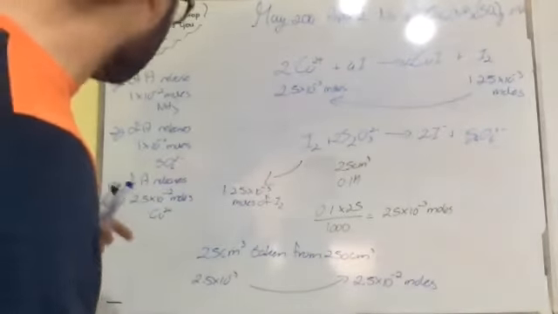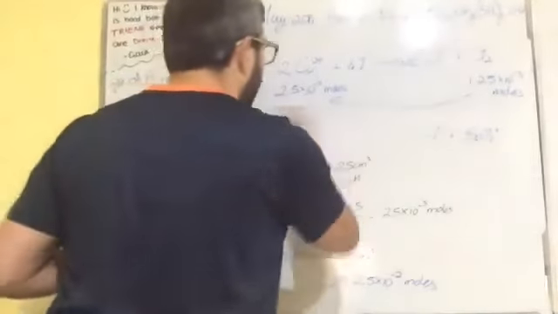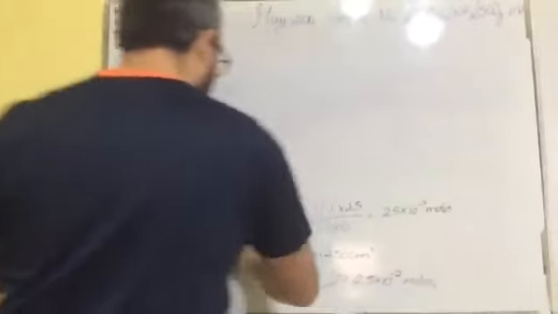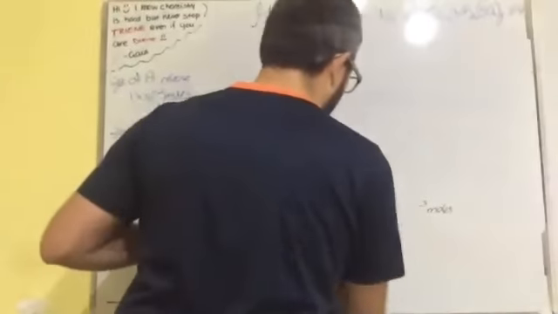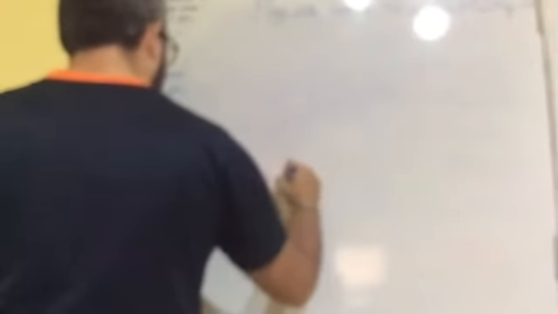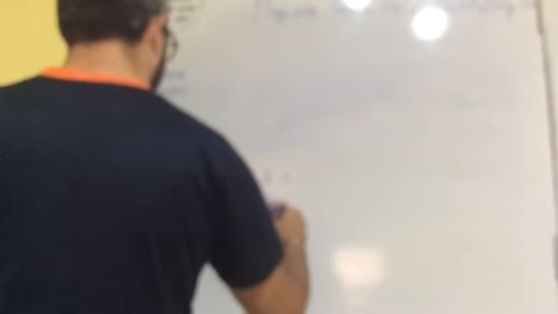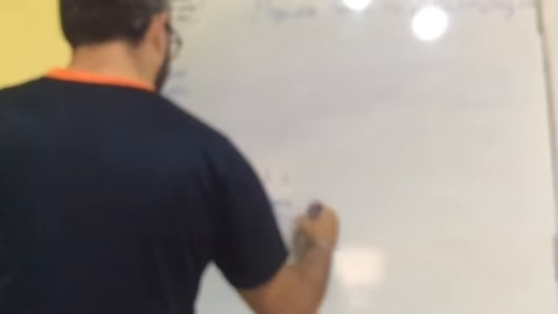From here on, now we can find all the numbers that we are asked for. And this is because now we can compare everything into grams. So we know that if 10 grams contains 2.5 times 10 to the minus 2, 2 grams of A must release 0.5 times 10 to the minus 2 moles.